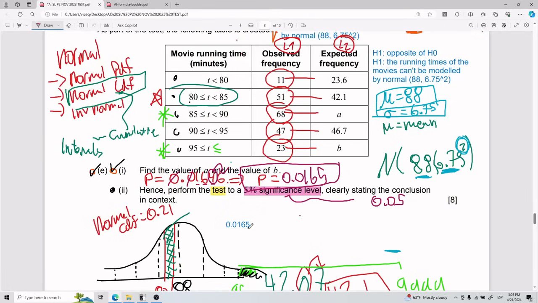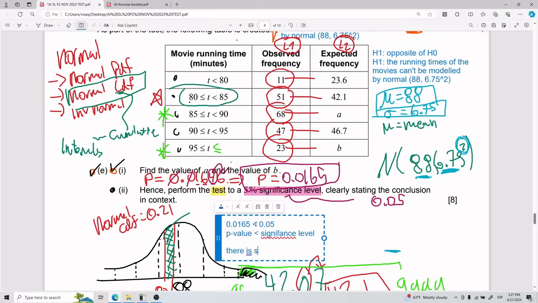So I'm comparing the 0.0165 to the 0.05. Which one is bigger? Clearly the significance level is bigger. Whenever the p-value is smaller than the significance level, or whenever the significance level is higher than the p-value, you will simply say that there is sufficient evidence to reject H0. So here you will be rejecting H0, because of that.